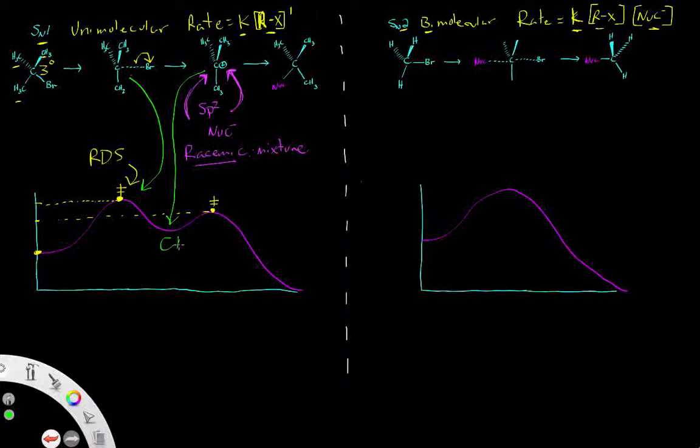We'll put a carbocation right there. Then we go through another transition state where our nucleophile is attacking the carbocation, and we end up with our second transition state right here, and then ultimately our final product, right there.